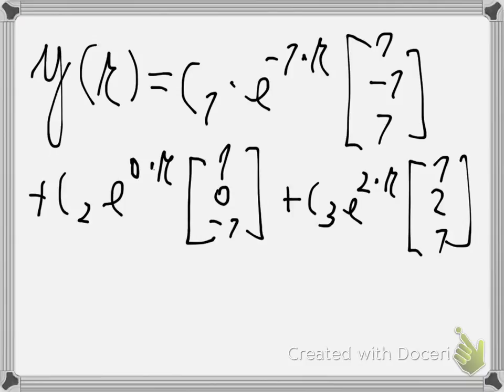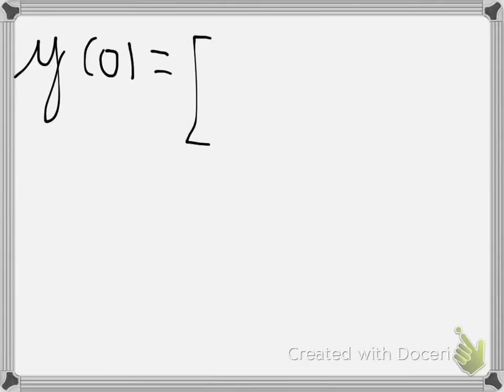And if you have some initial condition, let's say you know that y of 0 is equal to 1, 2, 0, you can find C1, C2, and C3. What you do is put that in matrix form.